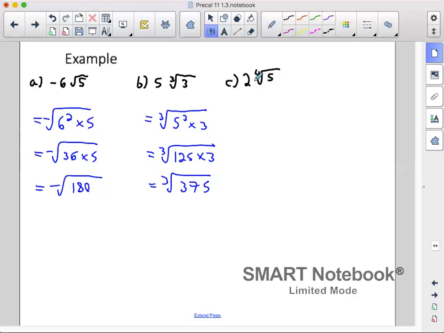Now this one's a fourth root, so that means we're going to go 2 to the power of 4 when we bring it inside. So we have 2 to the power of 4 times 5. 2 to the power of 4 is 16. Multiply those together, and we have 80.